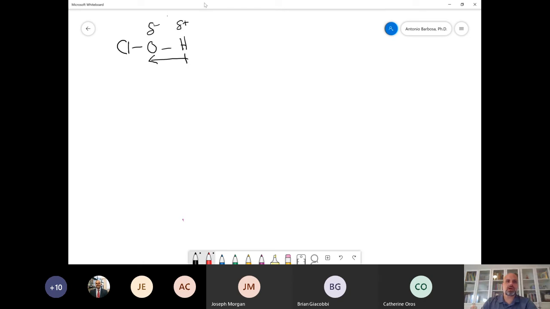The ability of this chlorine atom, because it's electronegative, to pull additional electrons away from the OH bond means that the more electronegative that atom is, the larger the overall dipole pulling electrons away from this OH bond, weakening it, which creates a much larger partial positive charge here.